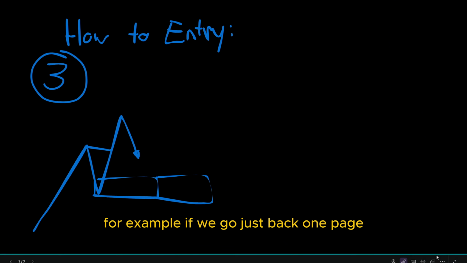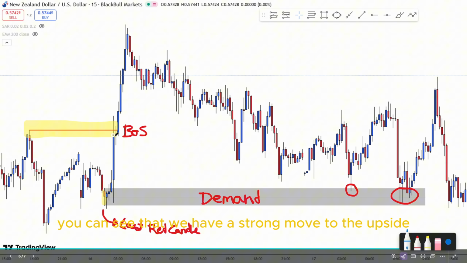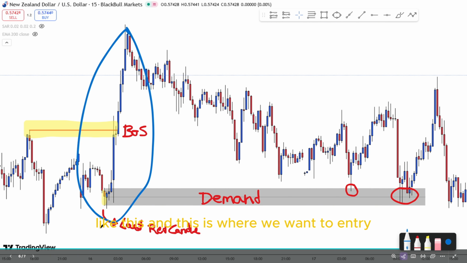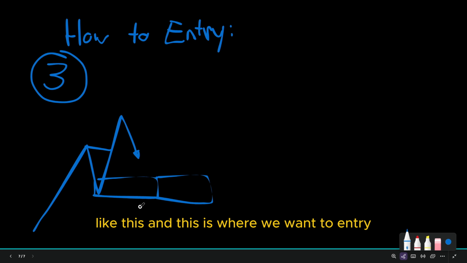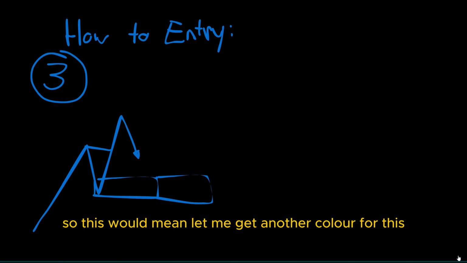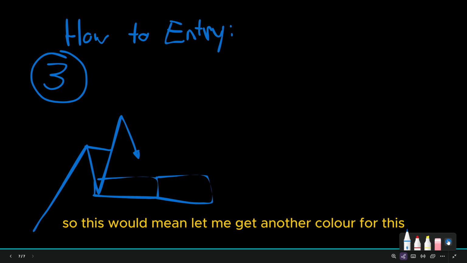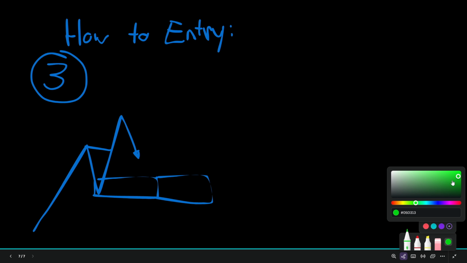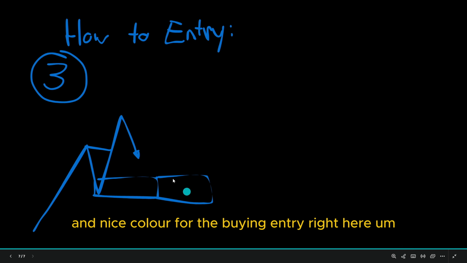For example, if we go just back one page, you can see that we have a strong move to the upside like this, and this is where we want to entry pretty much really aggressive. Let me get a green and nice color for the buying entry right here.